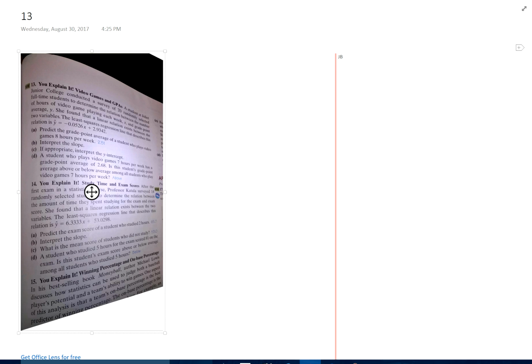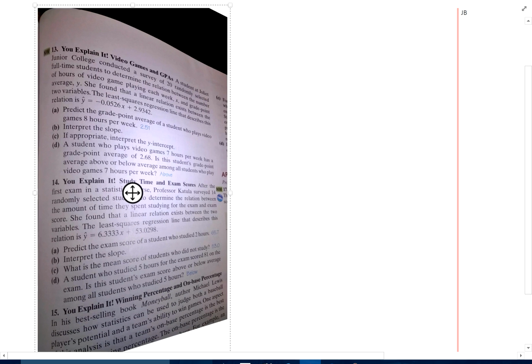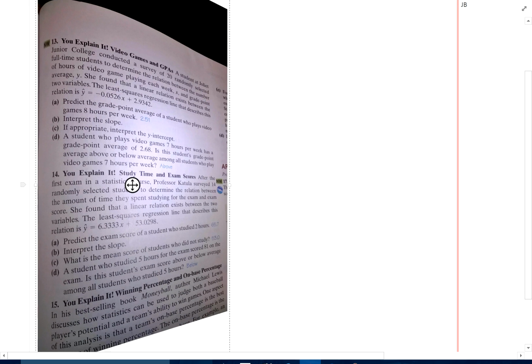13. Oh, bad picture. Sorry about that. Let's read this here. A student at Joliet Junior College conducted a survey of 20 randomly selected full-time students to determine the relation between the number of hours of video game playing and grade point average.